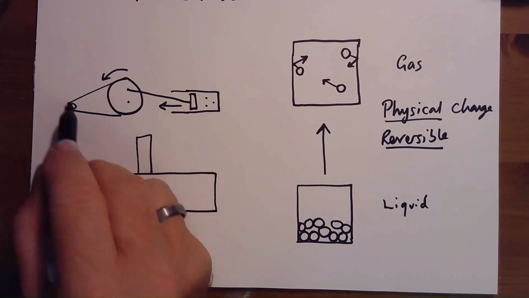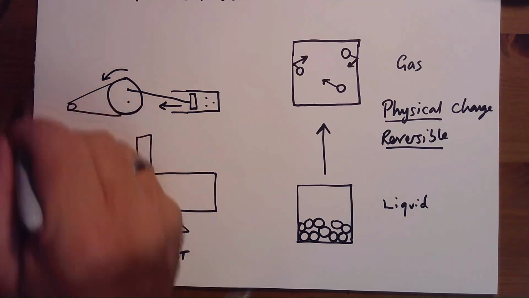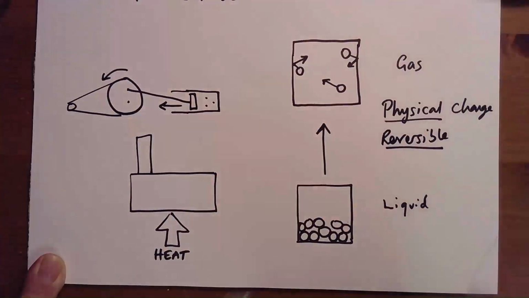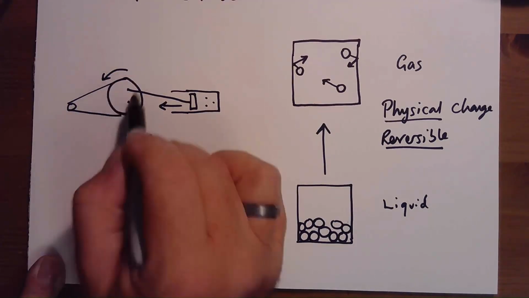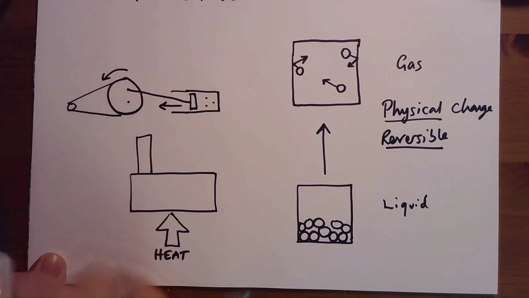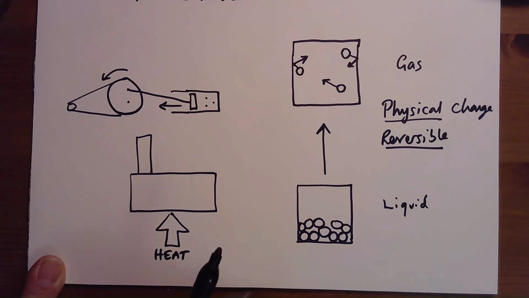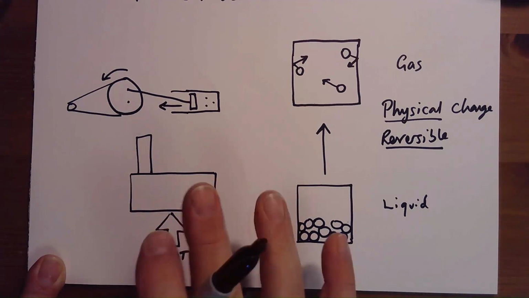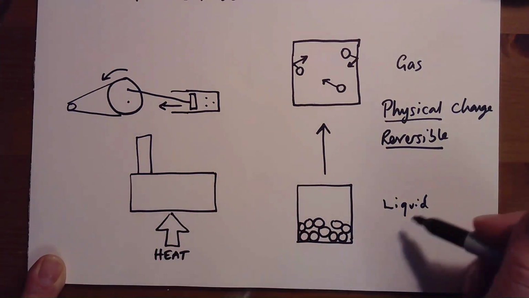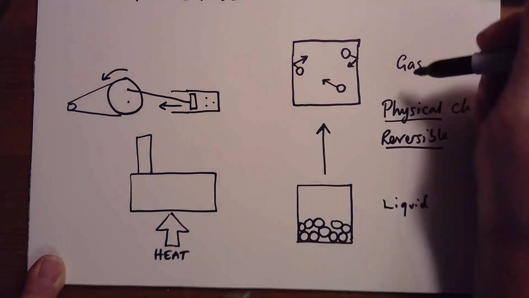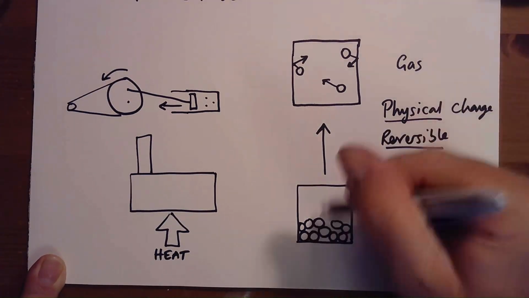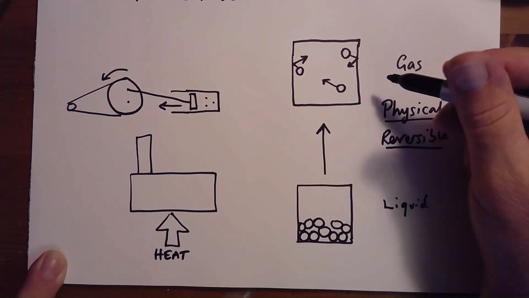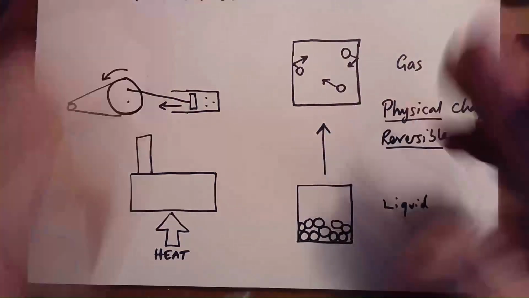Maybe that could be connected to a wheel, and maybe that could drive a whole steam engine along a track, for example. So we can transfer energy from this system to go and do some useful work. Okay, but the basic understanding of how it works is really down to how a liquid becomes a gas if we increase the energy of those particles, and that gas requires a much greater volume.